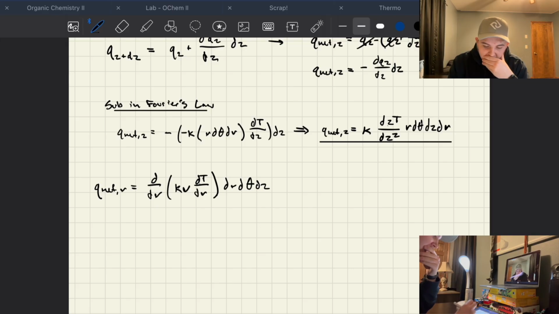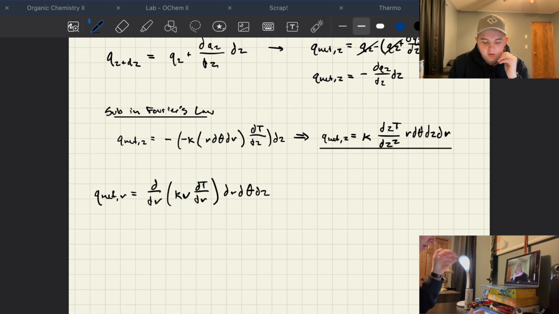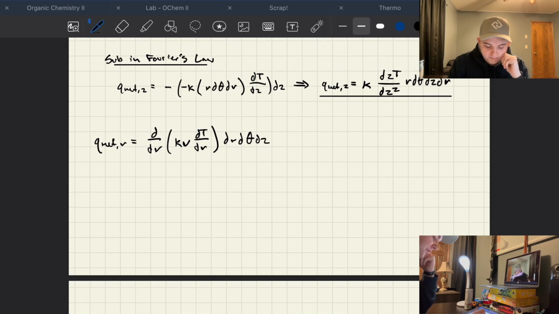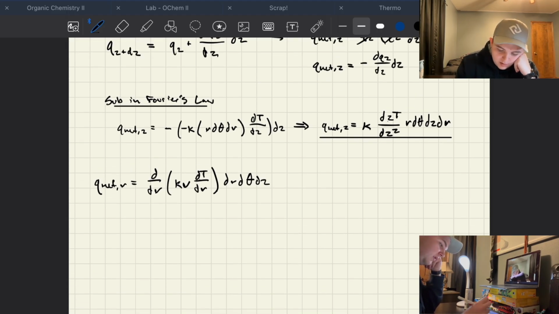And then r is needed in this case just because it changes with position, and we need that. So that's going to be our q net r for this question.